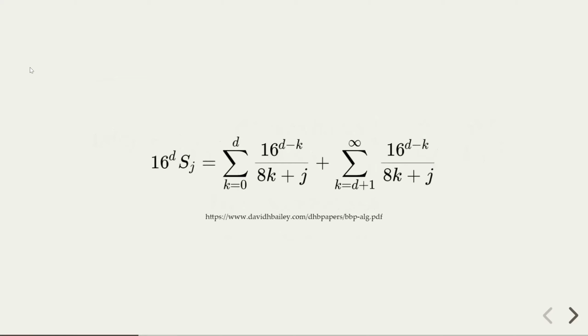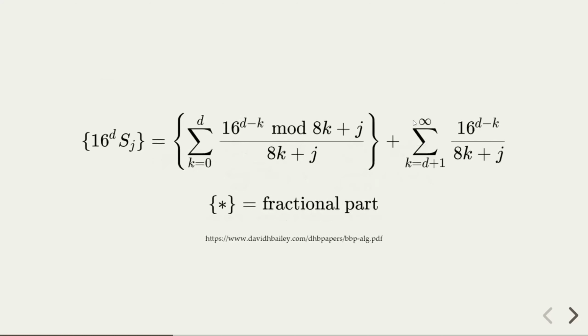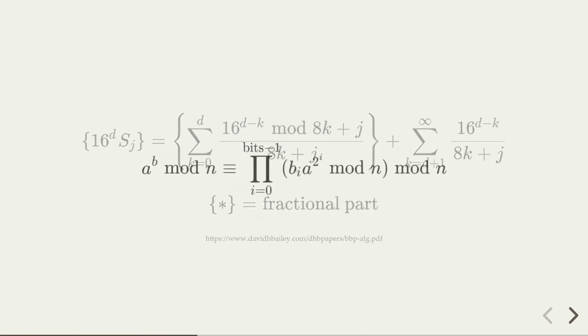And so you'll notice that this 16 to the d minus k, you can just take the mod of the thing you're dividing by, because you're only concerned about the fractional part. And a number to a power modded is a thing that you can do for integer values. There's a very efficient formulation for calculating that.